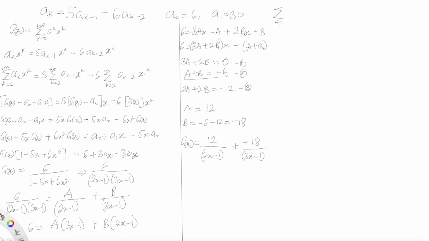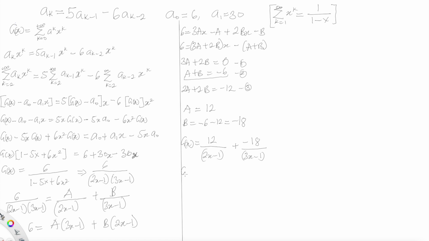The sum of k equals 1 to infinity of x exponent k should give 1 all over 1 minus x. So our goal is to make these two terms look like this. That's why we are multiplying by minus 1 over minus 1.